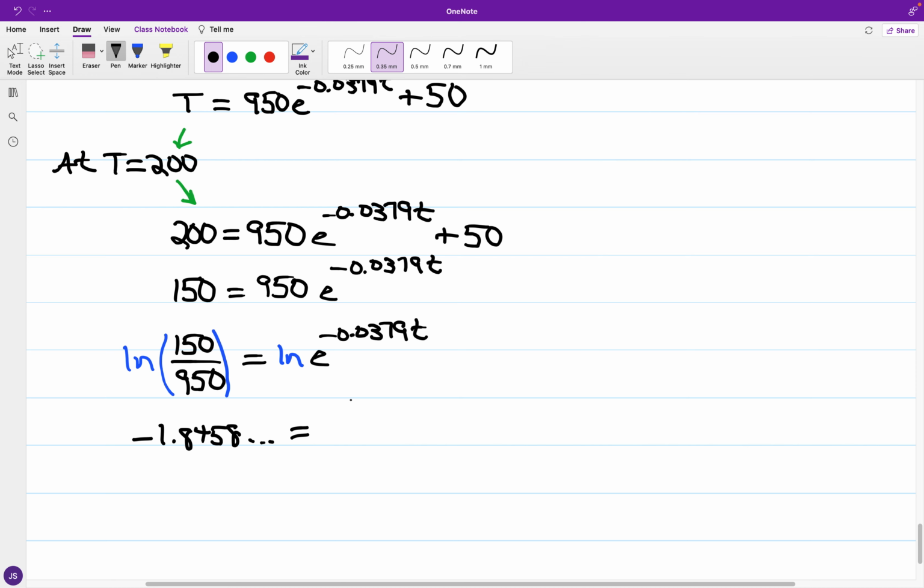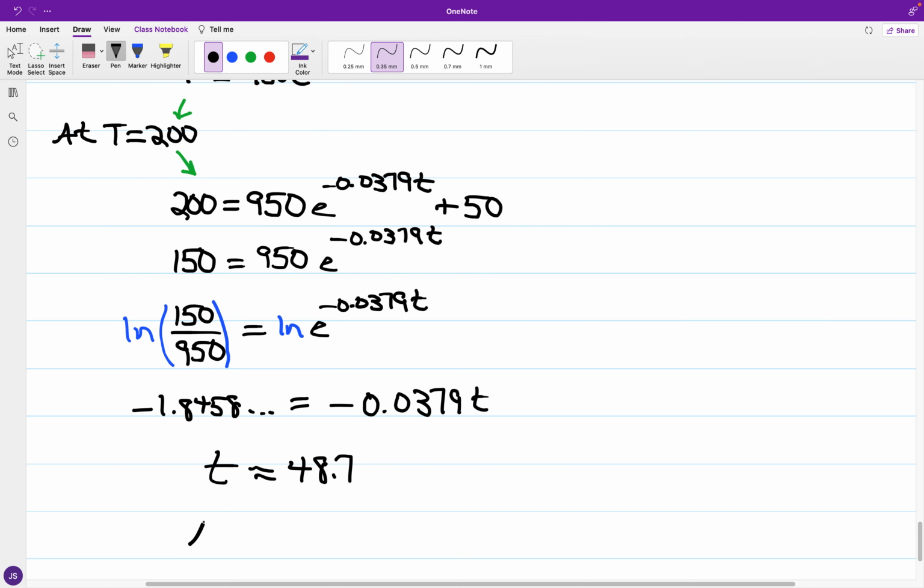Again, the natural logarithm of e to the negative decimal value times t gives negative 0.0379t, and dividing negative 1.8458, or whatever you have on display in your calculator, by this decimal, we have for t about 48.7. So for the time, you have about 48.7 minutes, and you can say that we have between 48 and 49 minutes.